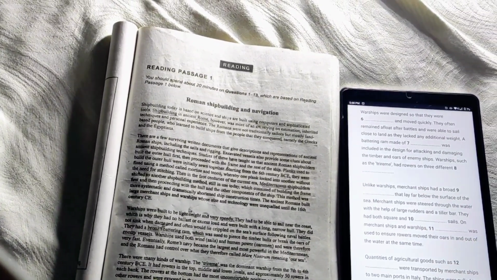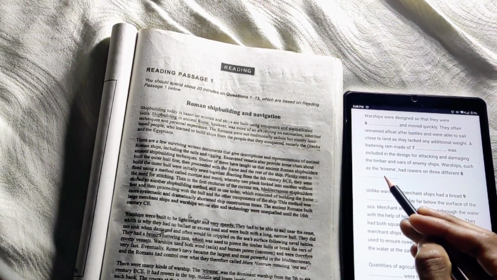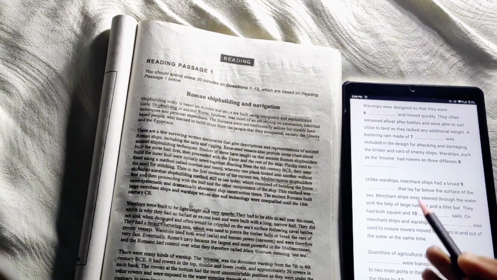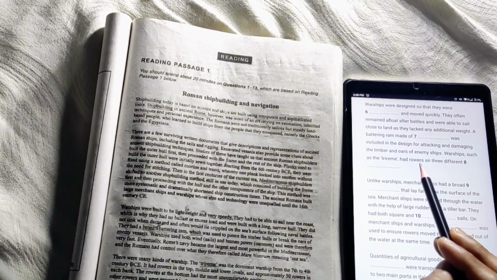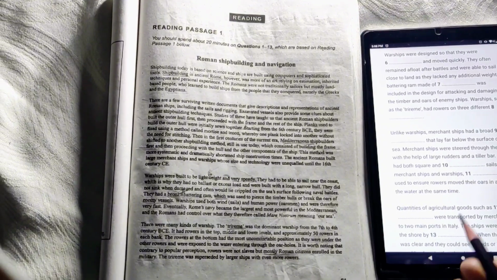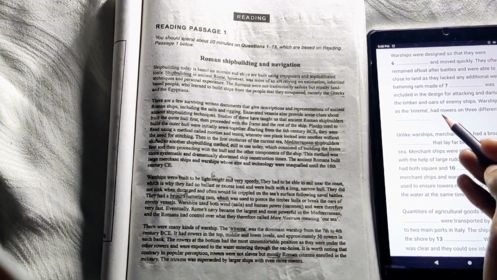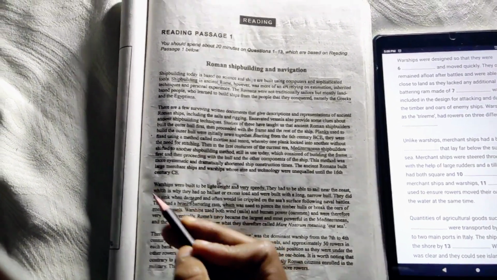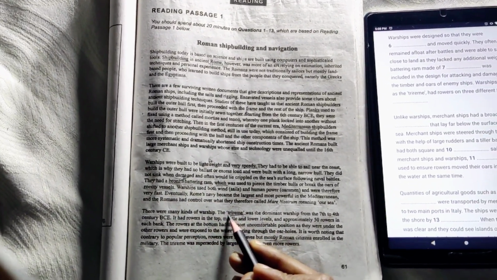They traveled many places by trireme ships. So the trireme had rowers on three different something. We know where our location is, there is a trireme.